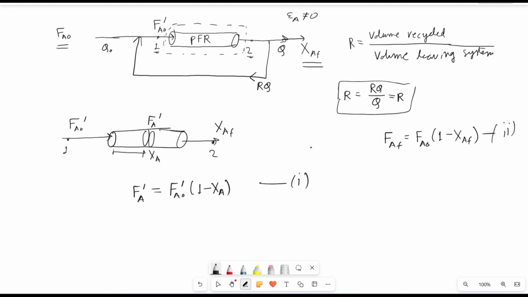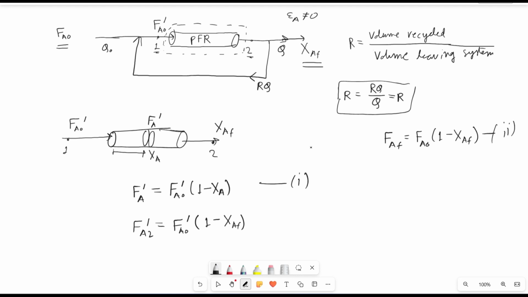At point 2, Fa2 prime, where the prime denotes that this is inside the recycle system, the outlet of the PFR, will equal Fa naught prime times 1 minus XAF.